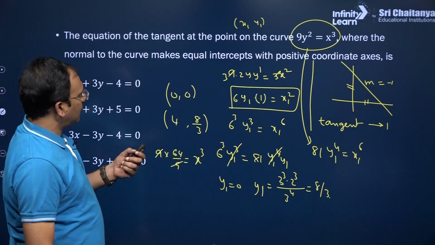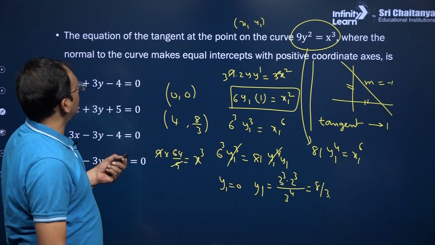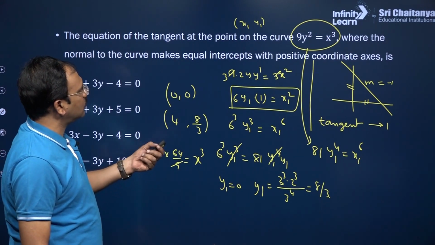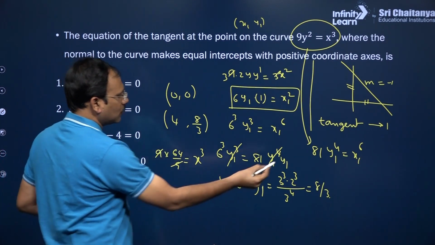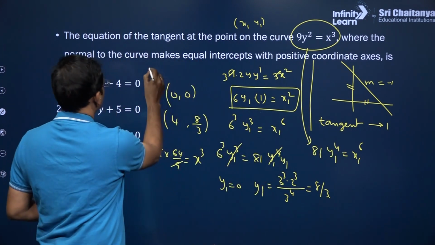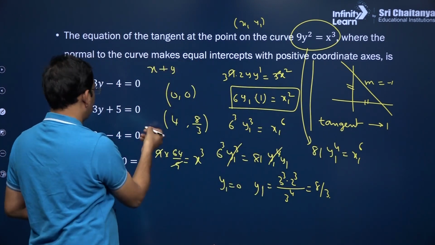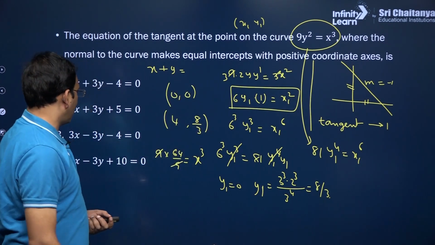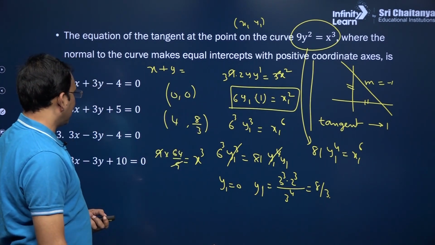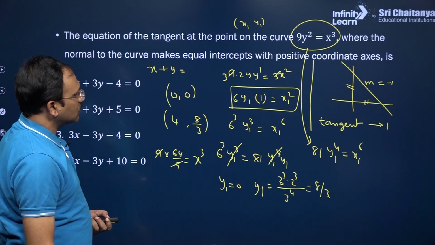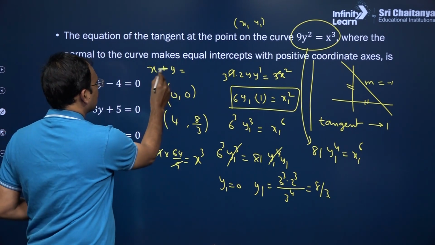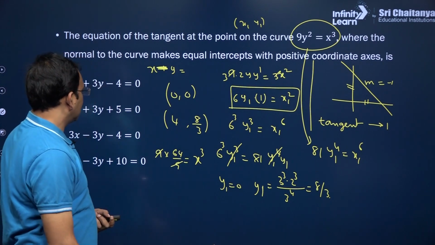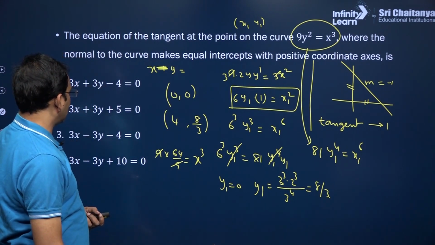Okay. Right, in this case he is asking the equation of the tangent to the curve. Already I know tangent slope is 1, so it is like x plus y equal to 0, this is not there, and it has to pass through this particular point 4 comma 8 by 3, my dear friends. You see, slope is going to be 1 means it must be like x minus y, this is 12 plus 8, like 20 by 3.